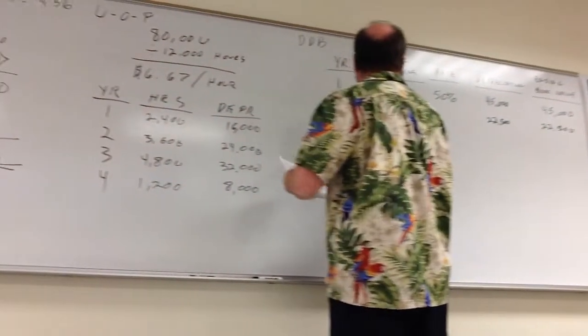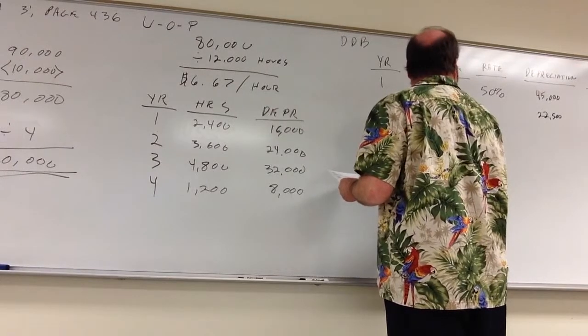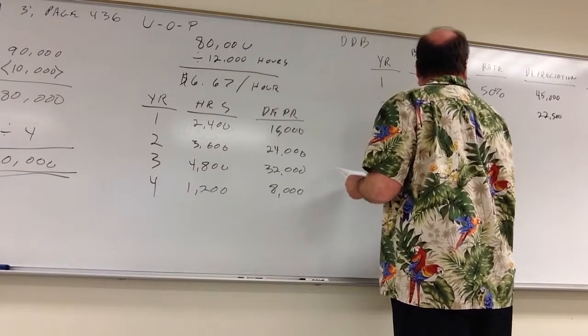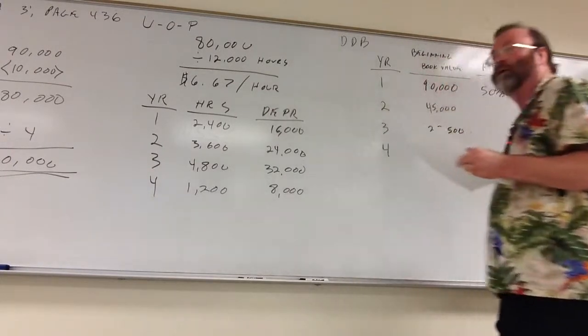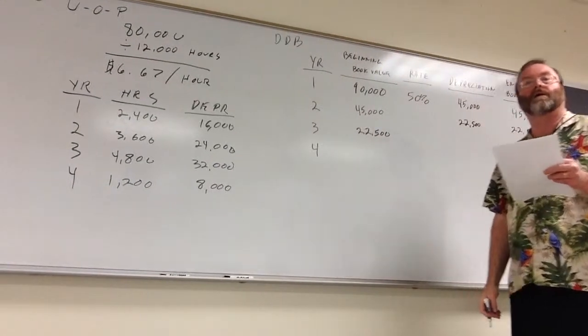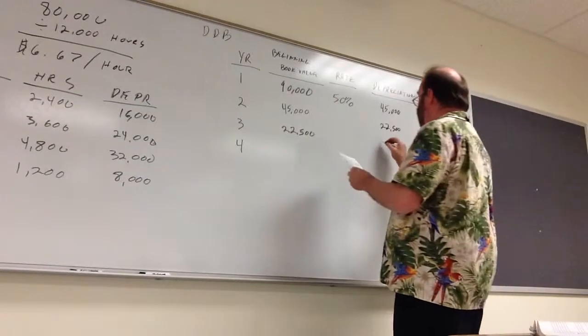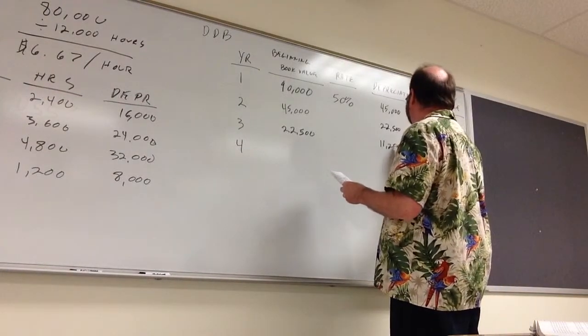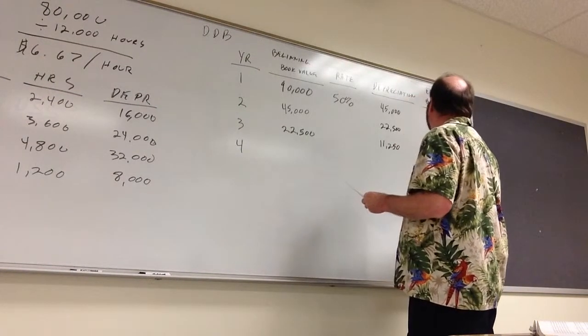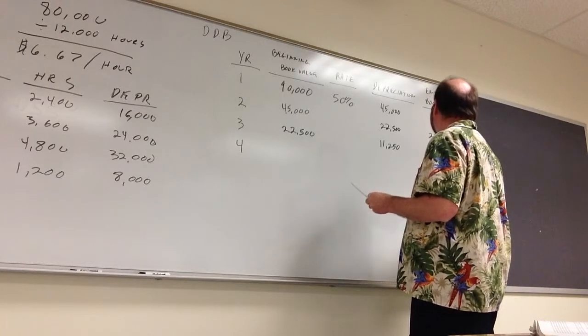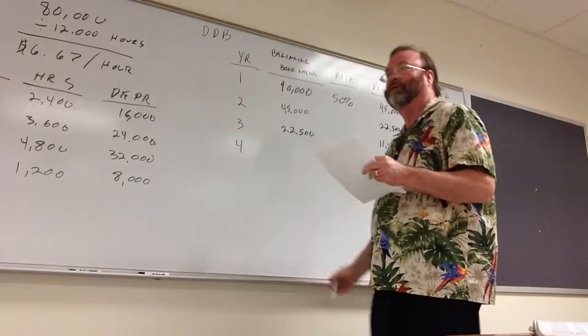That becomes the book value at the beginning of year three. Multiply that by 50%. You get $11,250, leaving you with $11,250.